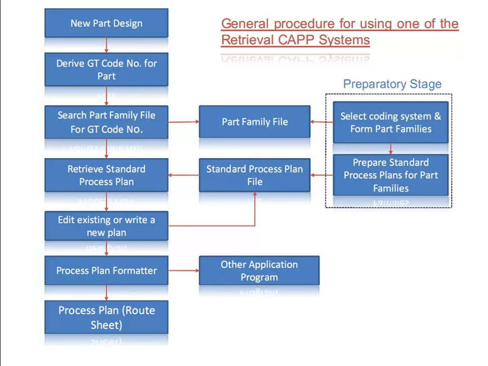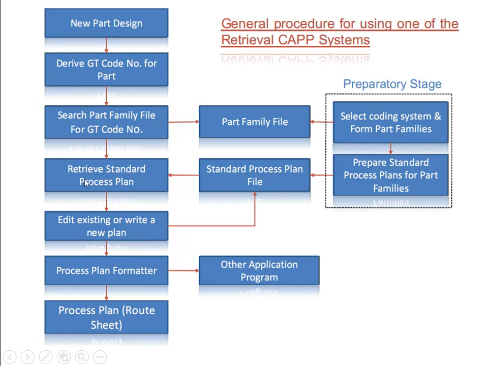After that we prepare standard process plans for the part families, because we have already predefined part families, and we have particular process plans for each part family. So we just retrieve the process which is already there from the standard process plan, and after that we edit if any requirement is there, or write a new plan, and again it is input to the standard process plan.